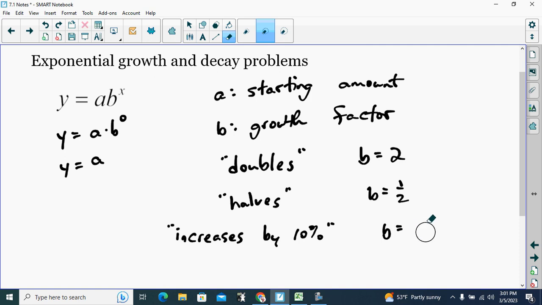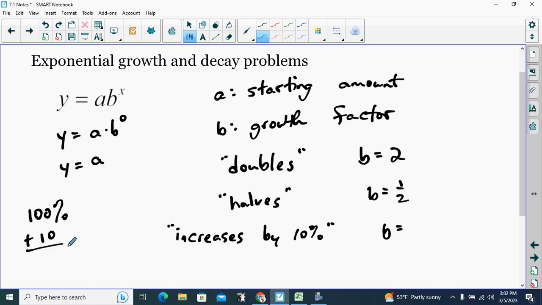So if it's increasing by 10%, think about, right now we have 100%, and I want it to go up by 10%. So each time we are going to have 110% of what we had the previous time. The 100% that we started with, plus the 10% that we're increasing by. So b would be 1.10 in that case.